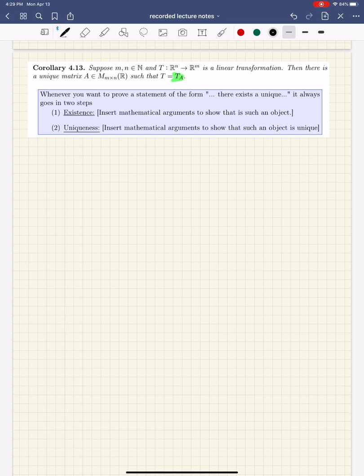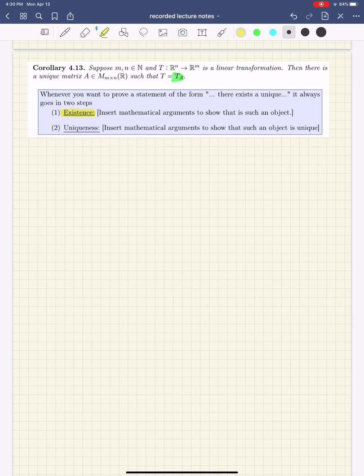And so what you want to say here is not only that there exists an A, but that there exists a unique one. And so now this comes to a new proof strategy. The new proof strategy is to show that there is a unique such that. Okay? And it always comes in two parts. Well, first it says there is something like this.